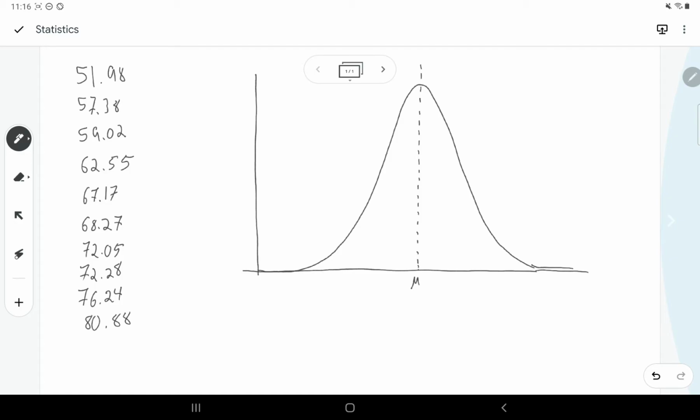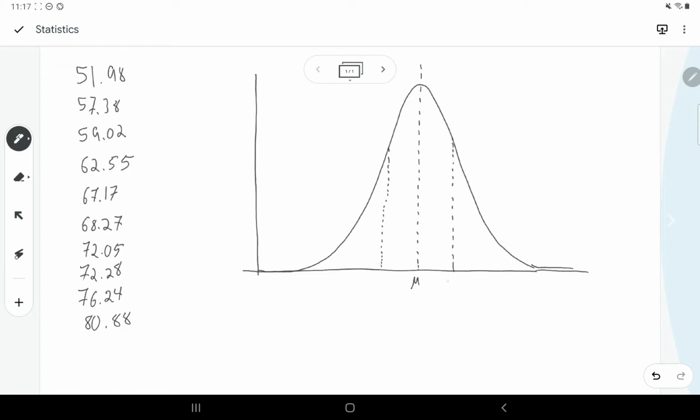Then we split this off into sections. We go in either direction the same amount, say here and here, and the distance between these lines is going to be one standard deviation.